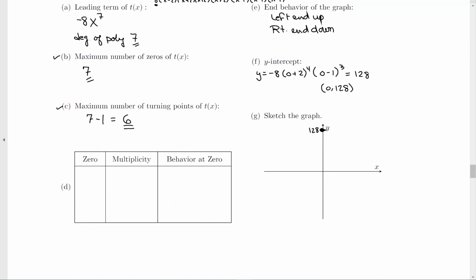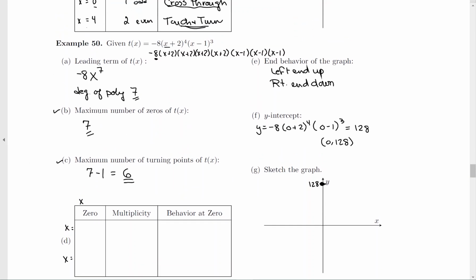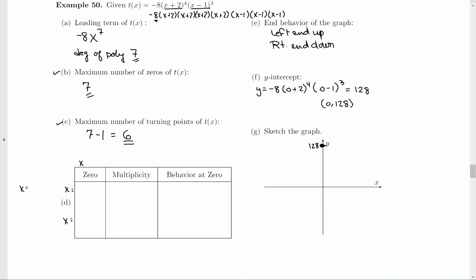Okay. My zeros are my x-intercepts. So I'm looking at my x equals. I set each factor that has an x in it equal to 0. X plus 2 equals 0. So x equals negative 2.